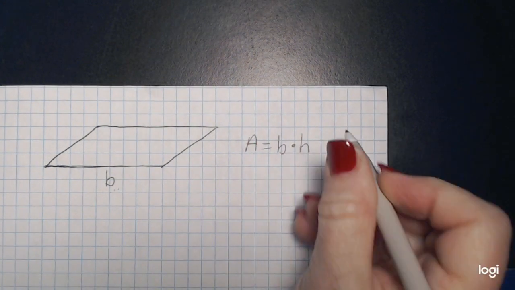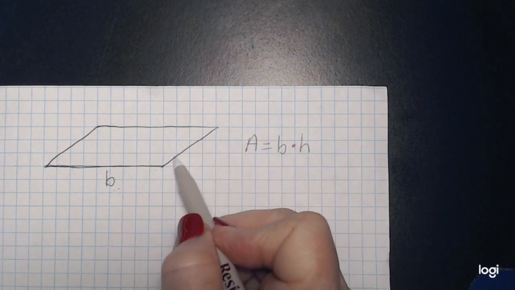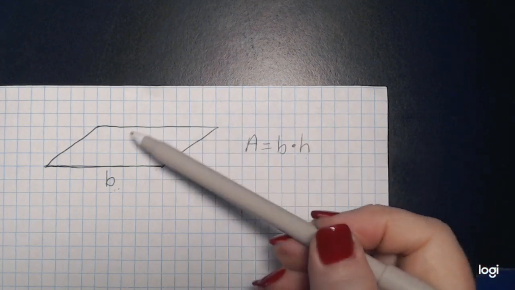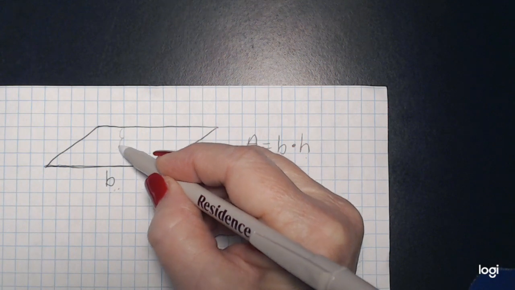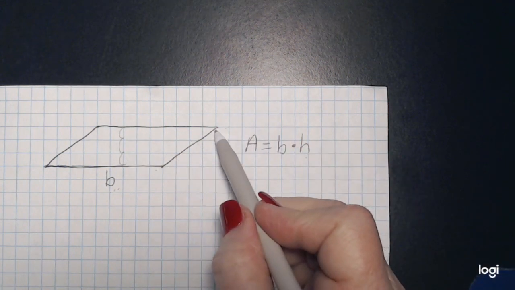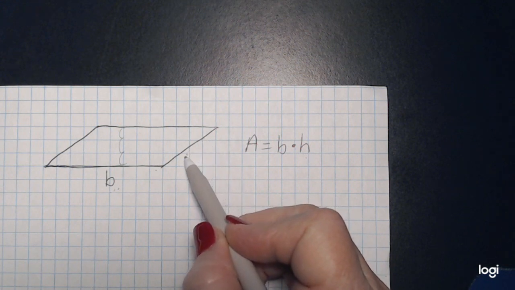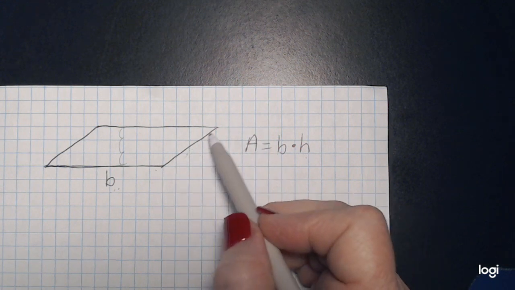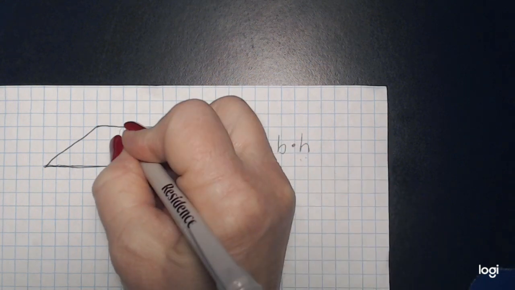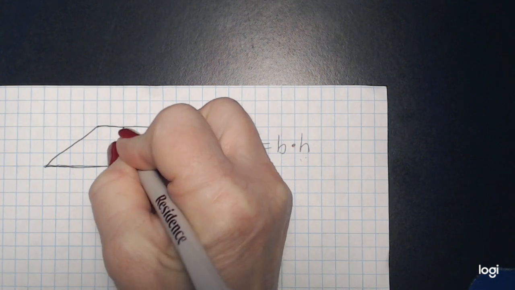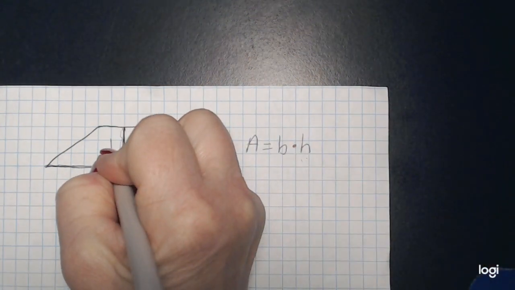Here's my base, and the height cannot be a diagonal like this, because from the top line to the bottom line, there are 1, 2, 3 boxes. But if you would try to measure here, it looks like 1, 2, oh, and it's hard to count right here. That's why we don't use the diagonal as our height. So I would have to make a line from the top to the bottom. It makes a perfectly right angle. This is considered my height.